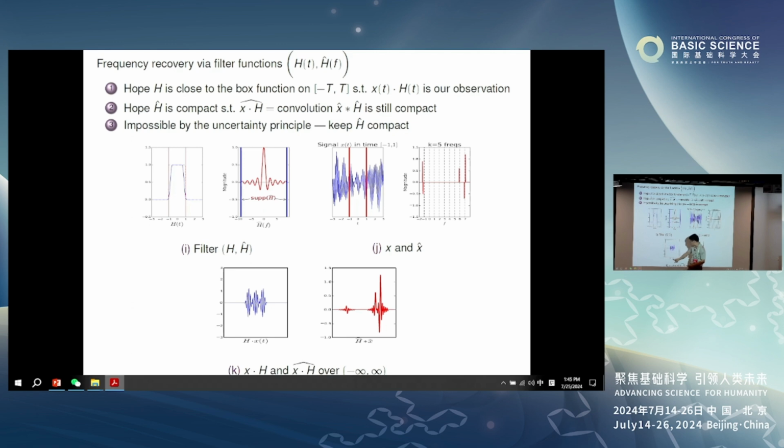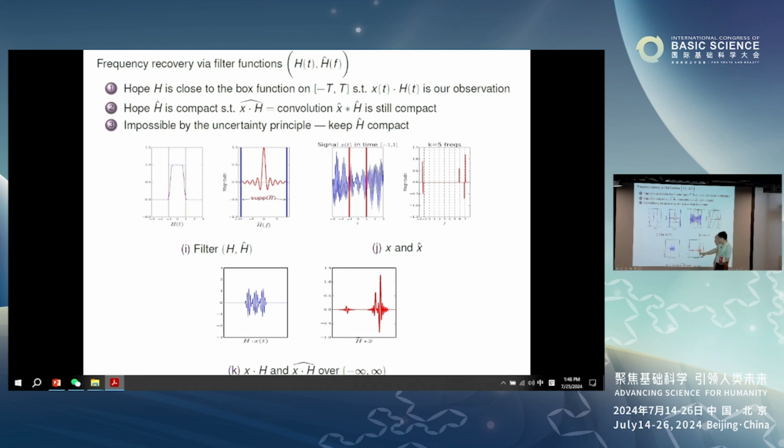So this is h times x in the time window. It basically preserves what happens here, but it has a very small tail that we can consider as noise. And then if we look at its convolution on the frequency domain, this will be h hat. So it's a compact function. I will take the convolution of this h hat with these 5 frequencies, and then I get something like this.